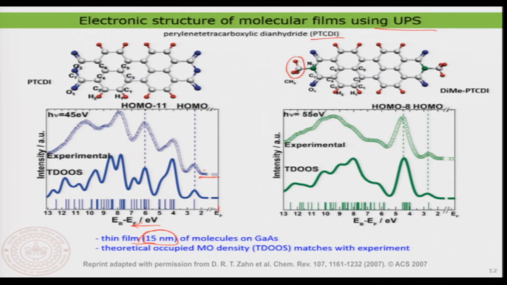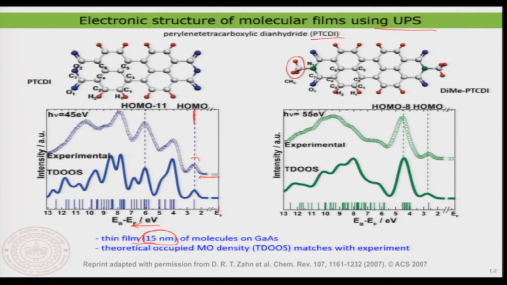As you go deeper in energy, you start to get the first peak, and that corresponds to the HOMO of the molecule. That is also something we discussed in the case of scanning tunneling spectroscopy.